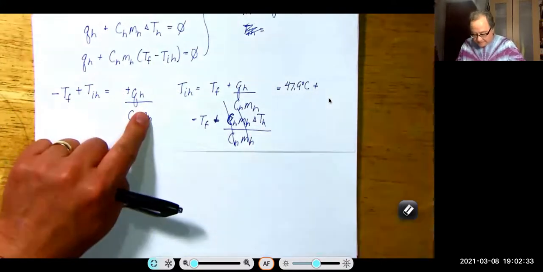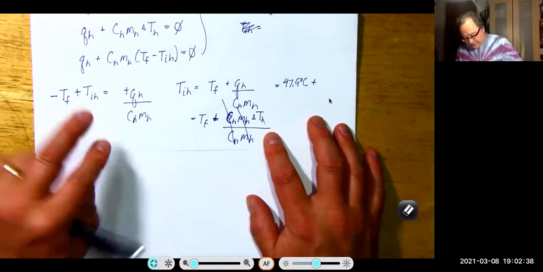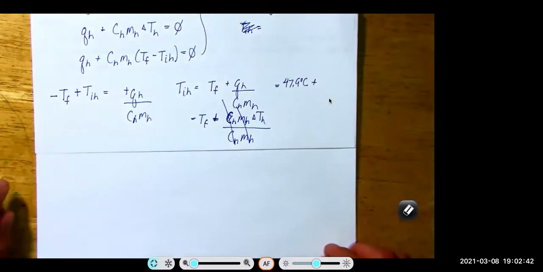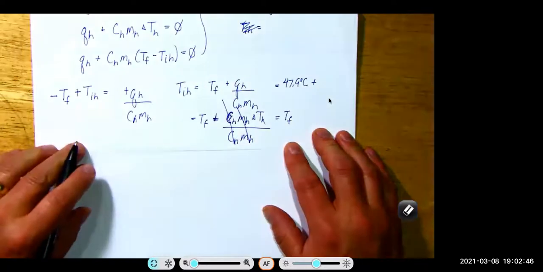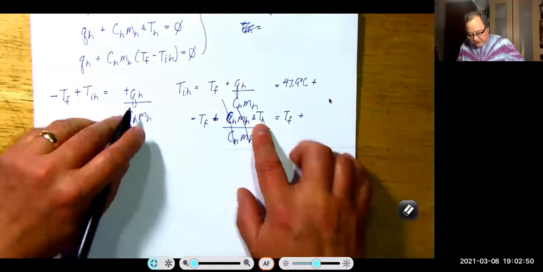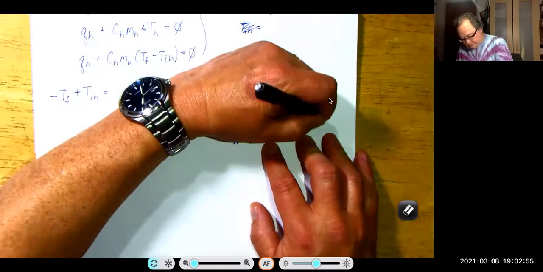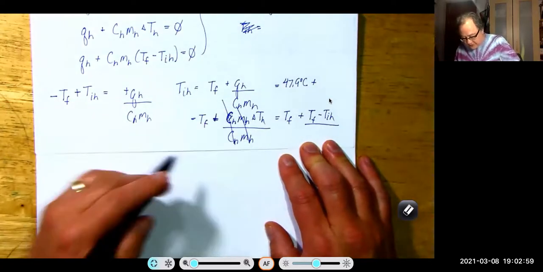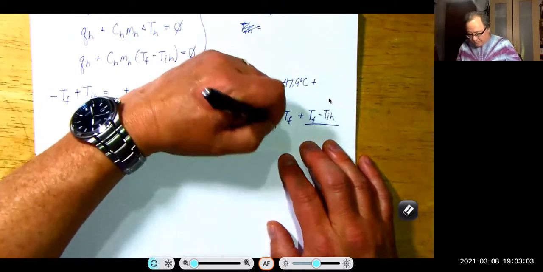Oh, crap. So now I have to, it's too late to do math. So this is T final plus the change in temperature of the hot is going to be T final minus T initial of the hot. These two do cancel. So, oh, I think I got myself into hot water.